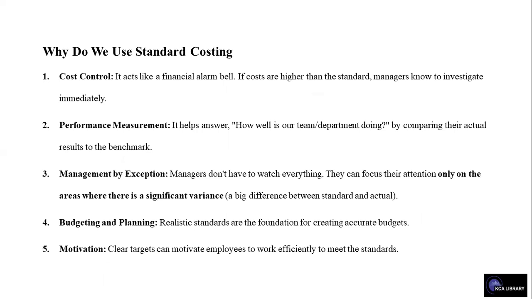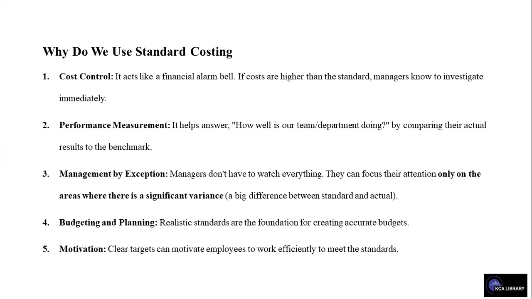Why do we use standard costing? The first is cost control. It acts like a financial alarm bell. If costs are higher than the standard, managers know they need to investigate immediately. Second is performance measurement. It helps answer how well our team or department is doing by comparing their actual results to the benchmark.